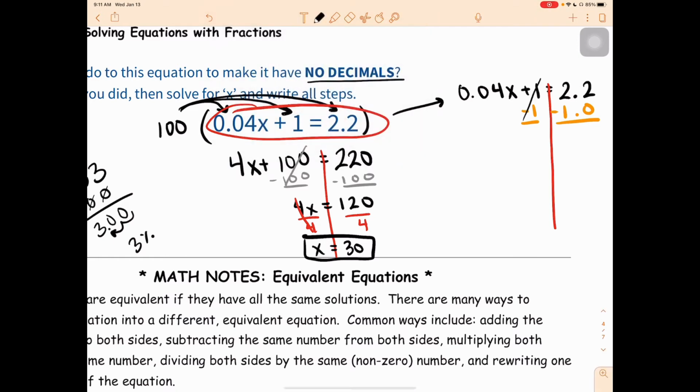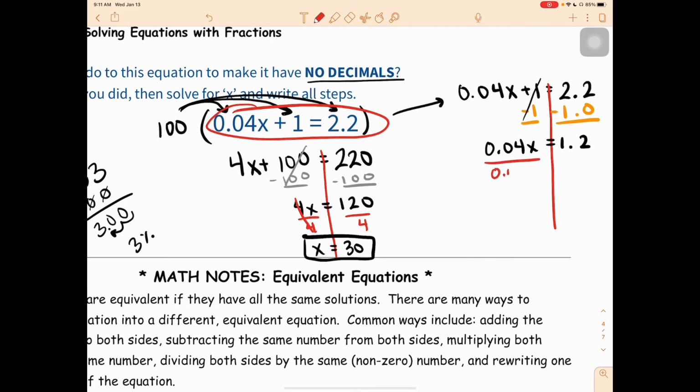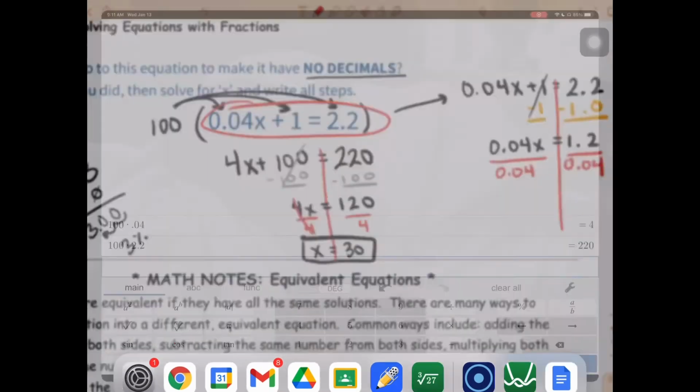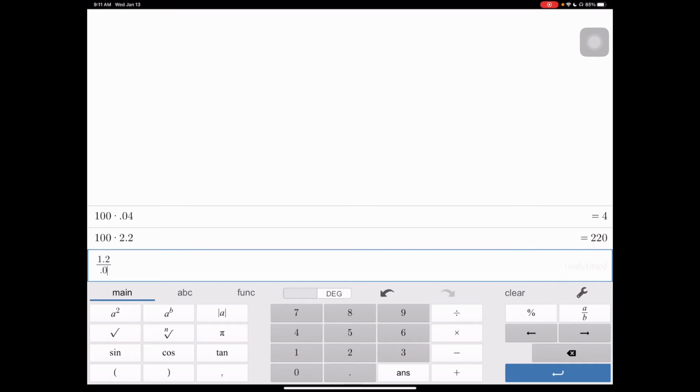It's just 1. So I'm left with 0.04x equals 1.2. And now I'm going to divide both sides by 0.04. Remember, you can always use a calculator, right? So if I open up my calculator, I'm going to have 1.2 divided by 0.04.